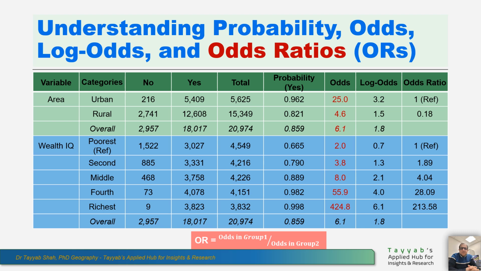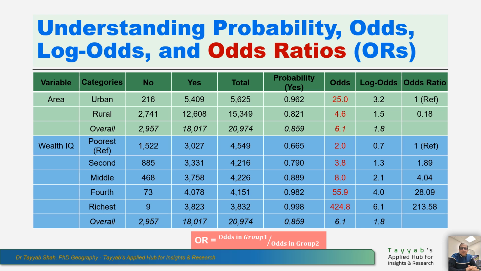So this is the way 2 will be used as a denominator in all cases when we calculate the ratio and compare the odds in the other categories. Those odds ratios are telling you how many odds they have when we compare with respect to the poor category.